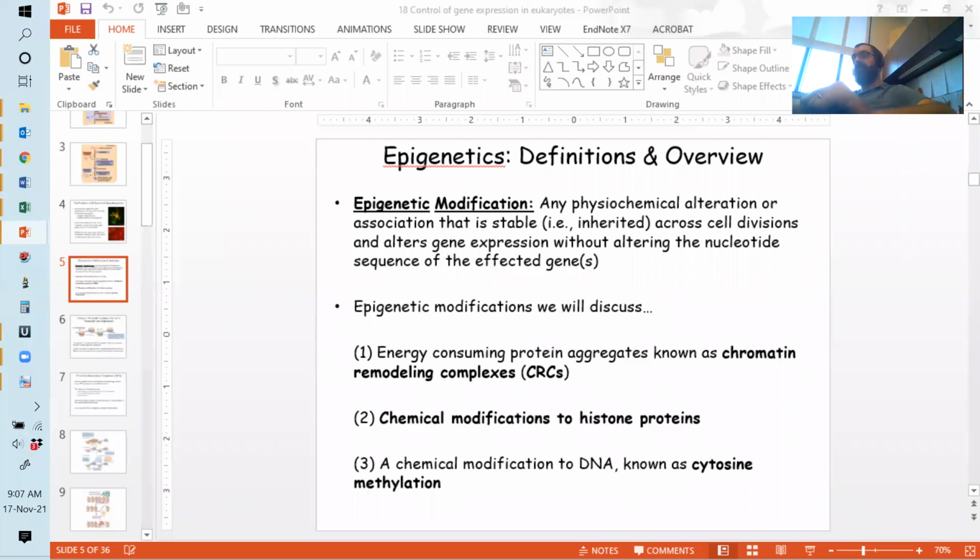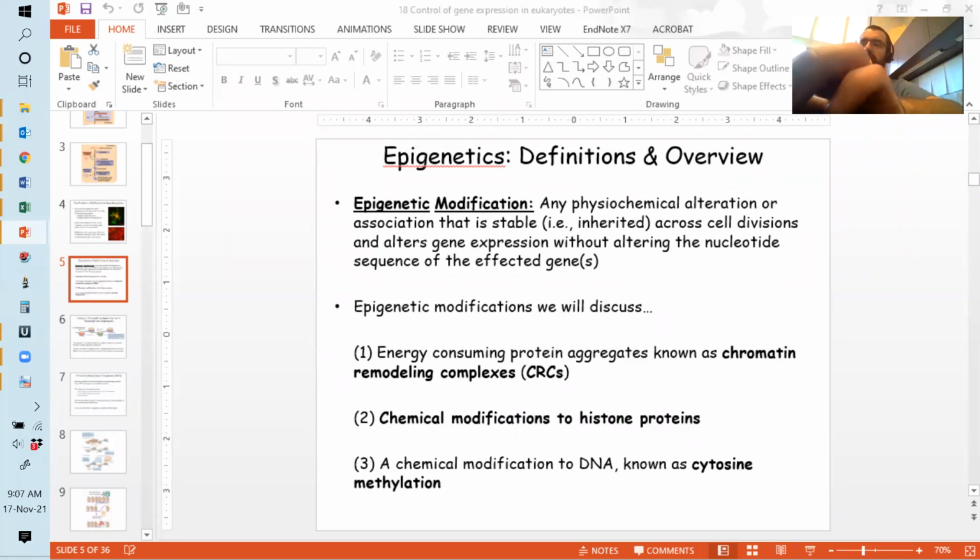And DNA in this sense, don't forget, in a normal eukaryotic cell, DNA is always complexed with proteins. It's always in as chromatin. It's never just bare DNA. So when we say modification of DNA, really we're talking about modification of chromatin.